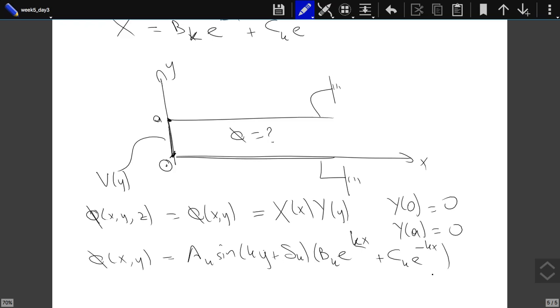Now let's see, I still need to satisfy my boundary conditions. I know that this function might satisfy my boundary condition. That is why we chose this solution for the y solution.